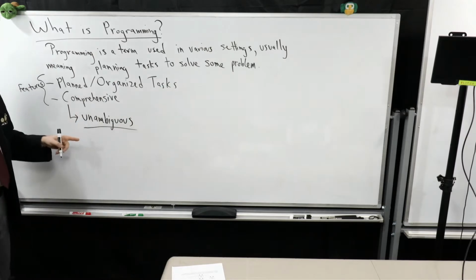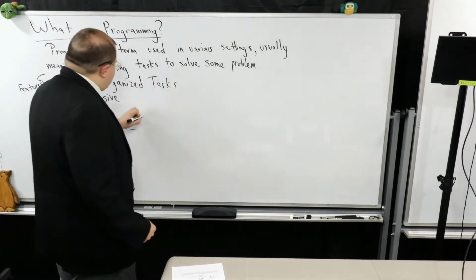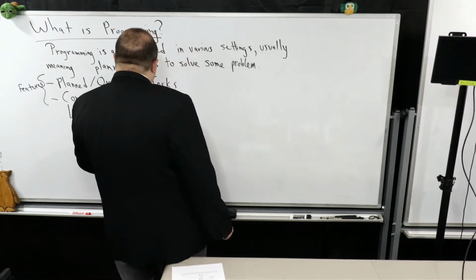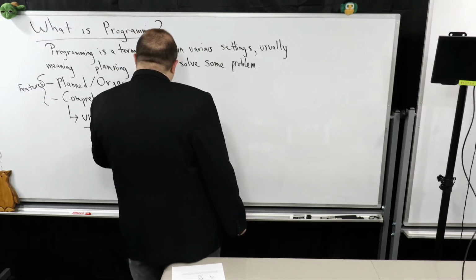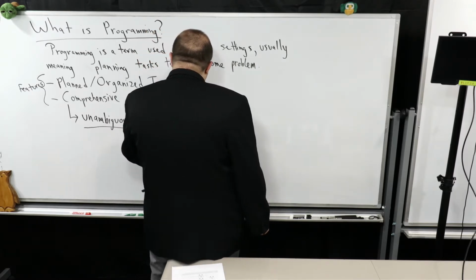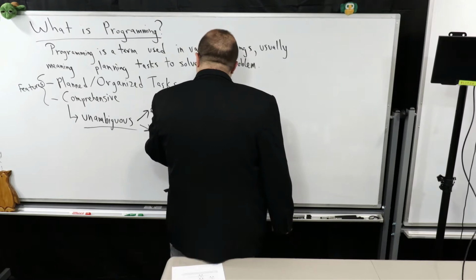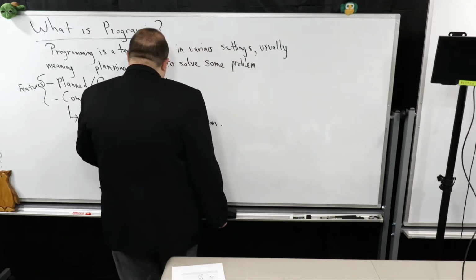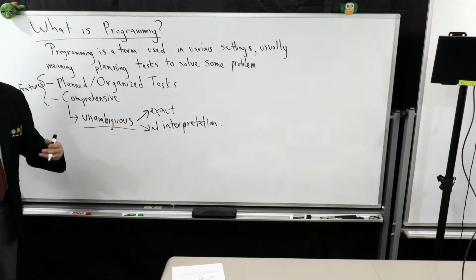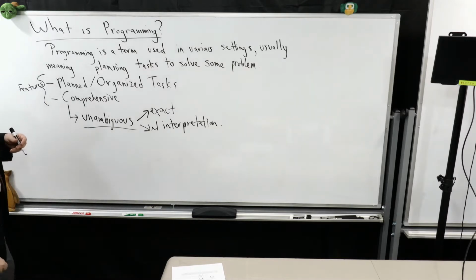So what does that mean? It must be exact, and it generally has one interpretation. Normally in computer programming, there is only one interpretation.